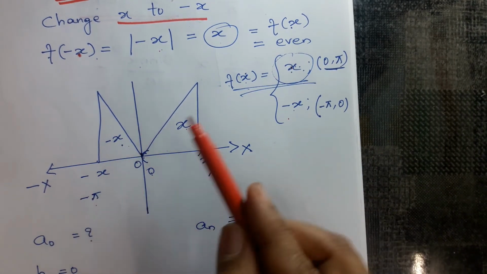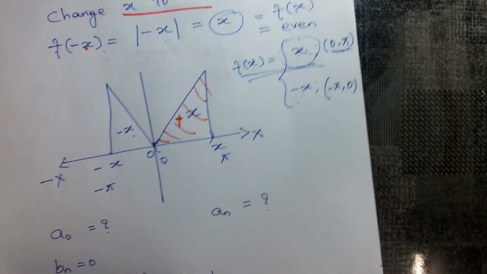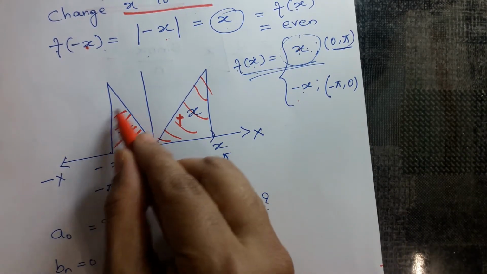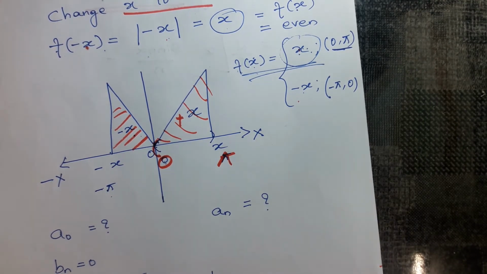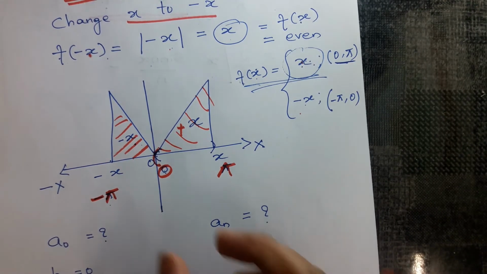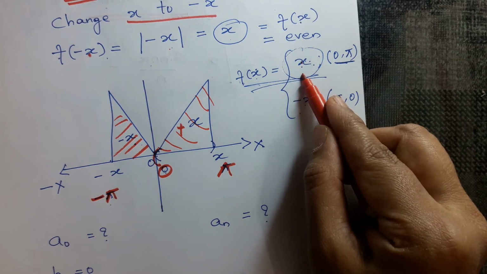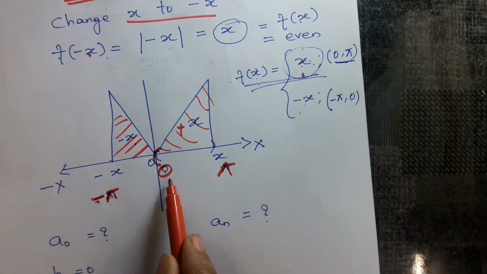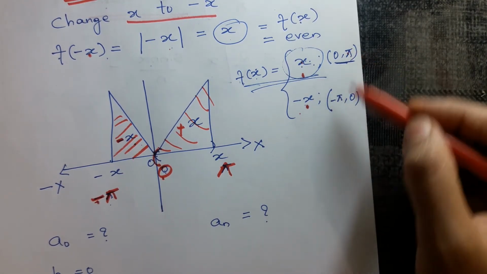So f of x is defined as plus x over this region, minus x over this region. This is the interval 0 comma plus pi. This is the interval 0 comma minus pi. So over 0 comma plus pi the f of x value is plus x. Over minus pi comma 0 the f of x value is minus x. So that is what I defined here.